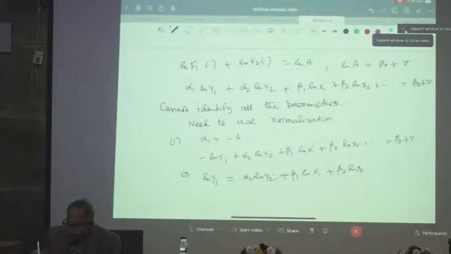So this looks like a production function.